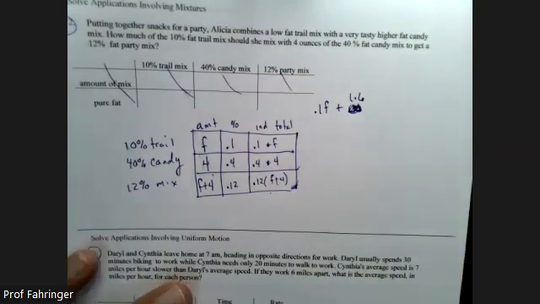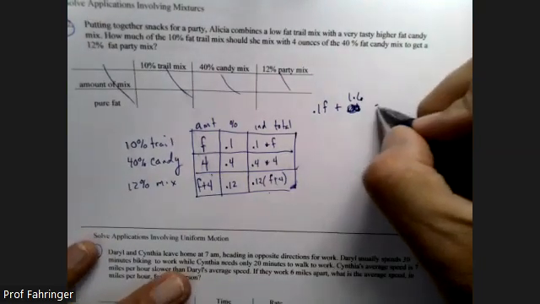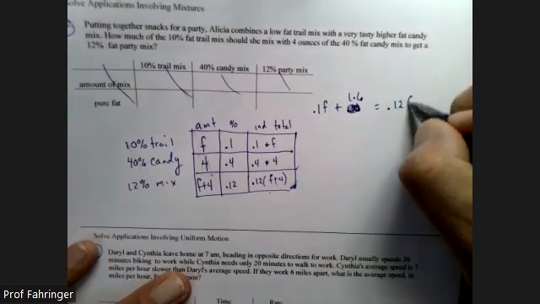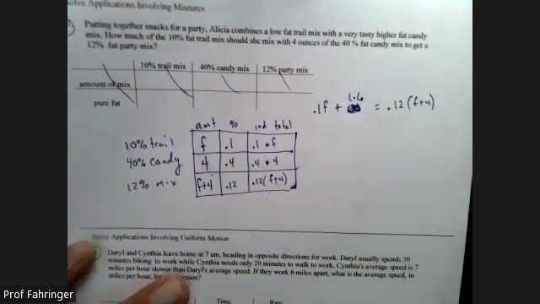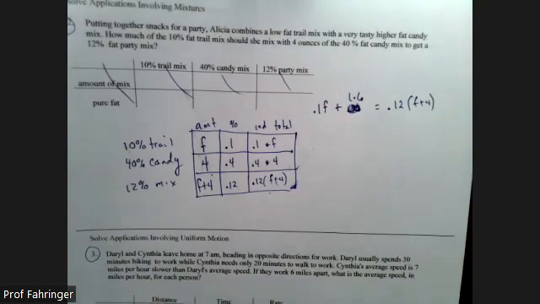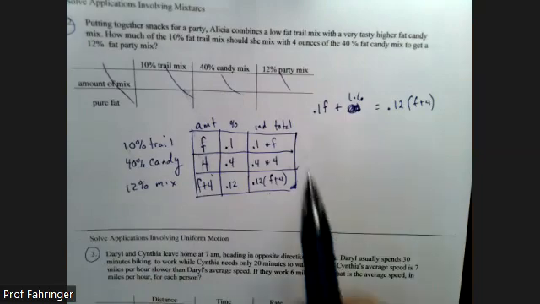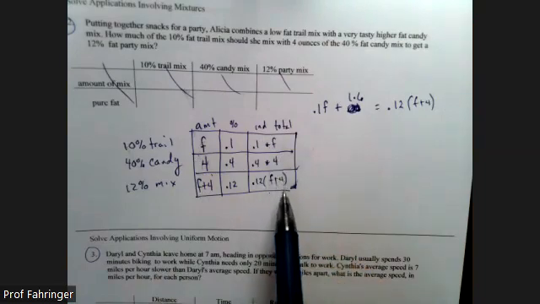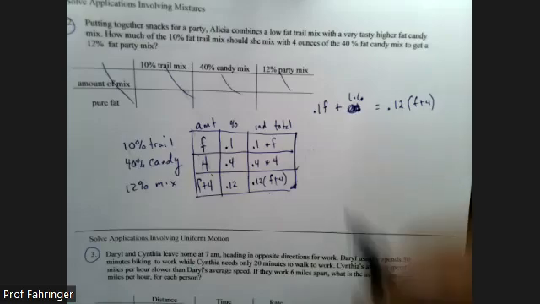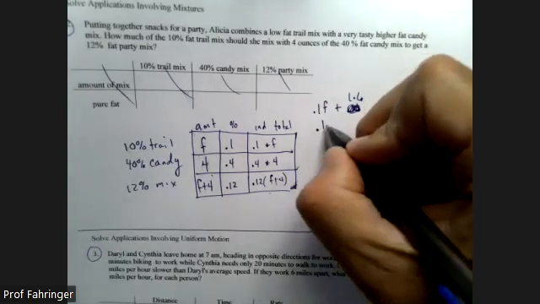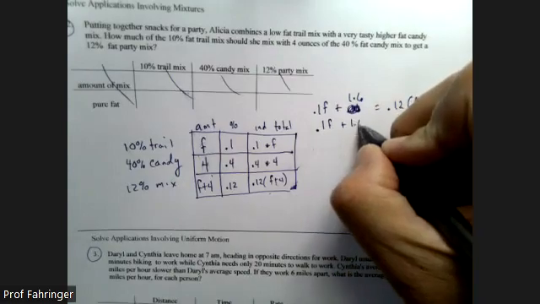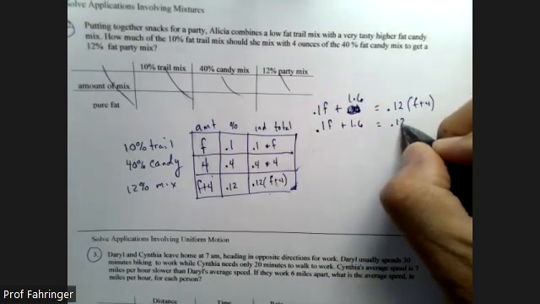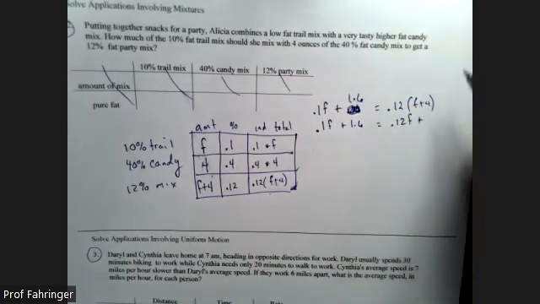I know somebody's ready to catch my error. Has to equal what's in the mix. Just like the amounts, the first two individual totals have to be the same as the second total. And now we have a problem we can solve: 0.1 F plus 1.6 equals 0.12 F plus 0.48.